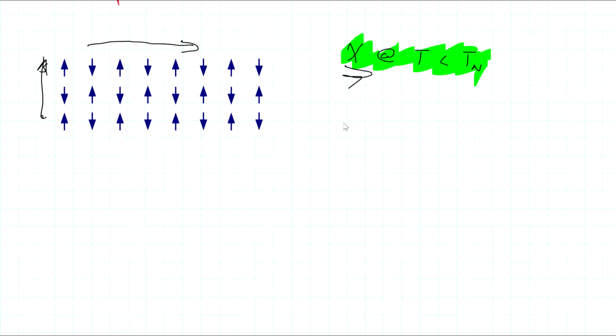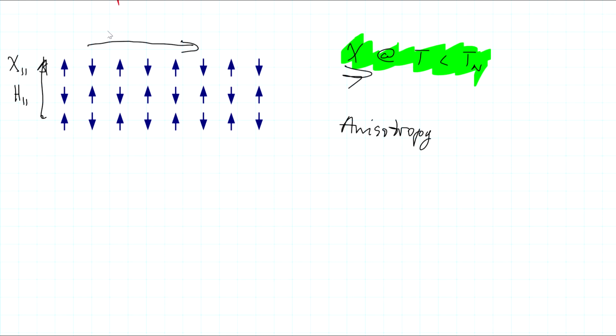So this is another example of anisotropy. When we apply magnetic field parallel to the magnetization, we will call it H parallel, and corresponding susceptibility chi parallel.